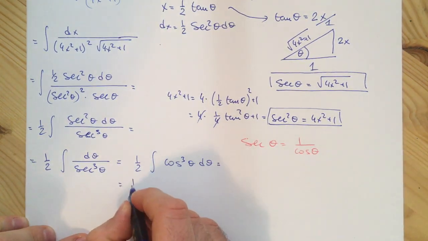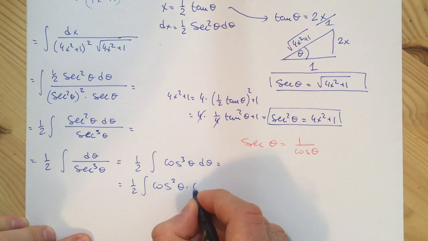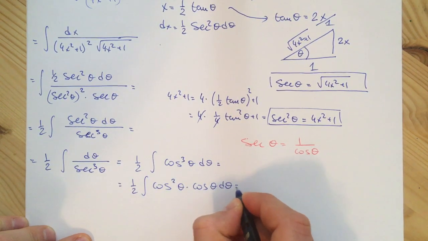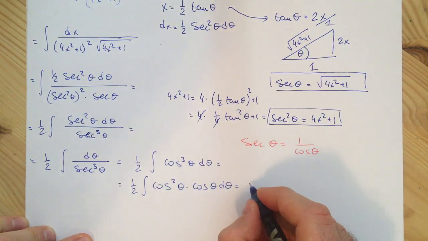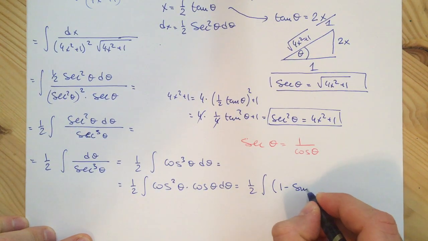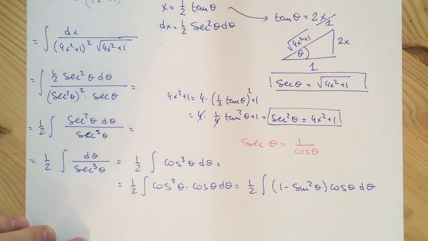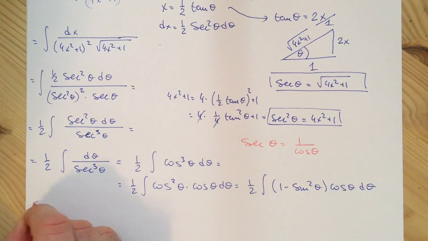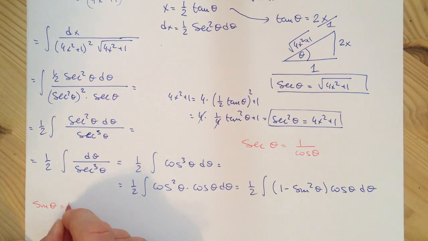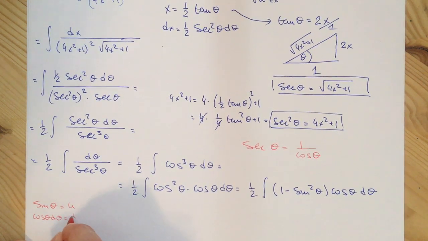So it says save one factor of cosine of theta, then express the rest of it through the basic trigonometric identity. That's 1 minus sine squared theta. Here I use the substitution sine theta is equal to u. So cosine theta d theta is equal to du.